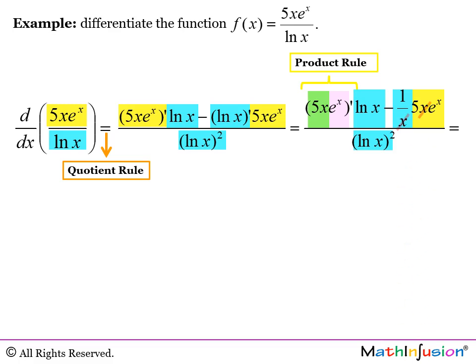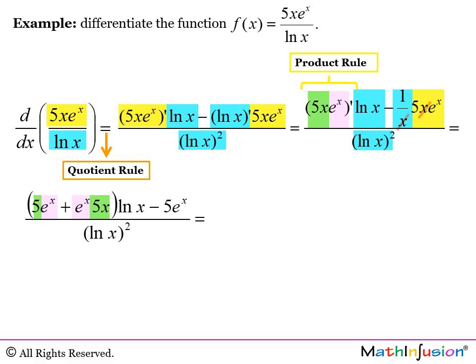Here is a little step that helps me simplify even more. Now I'm replacing the derivative of 5x e to the x by the derivative of that using the product rule. The derivative of the first one, which is 5x, is 5 times the second one, which is e to the x, plus the derivative of the second one, which is e to the x, times the first one, which is 5 times x.